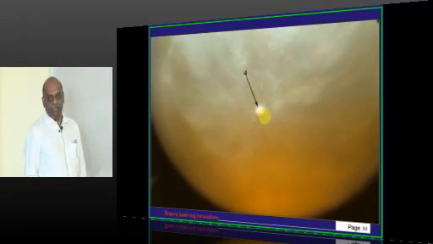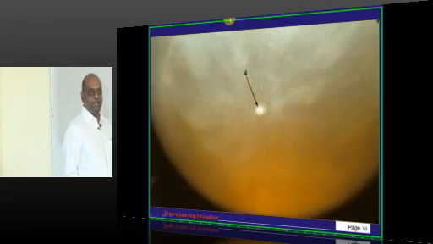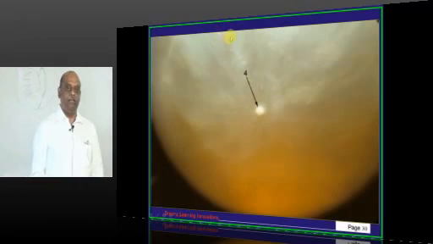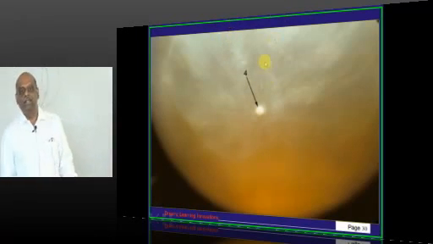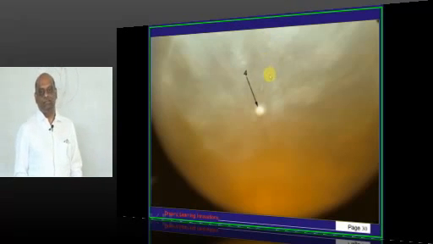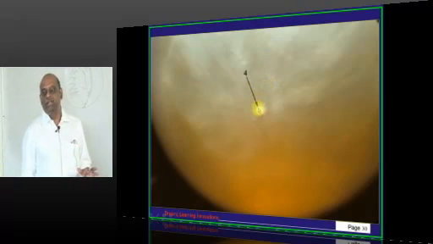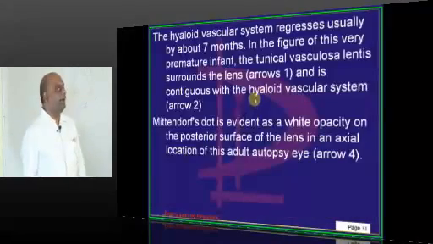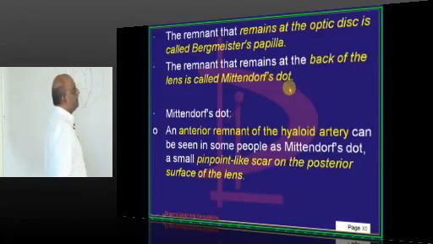So we are only adding terminology to our mind, that's all. Cloquet's canal, Wieger's ligament, Berger space, Mittendorf's dot. They are the 4 things you need to remember for tomorrow's exam.